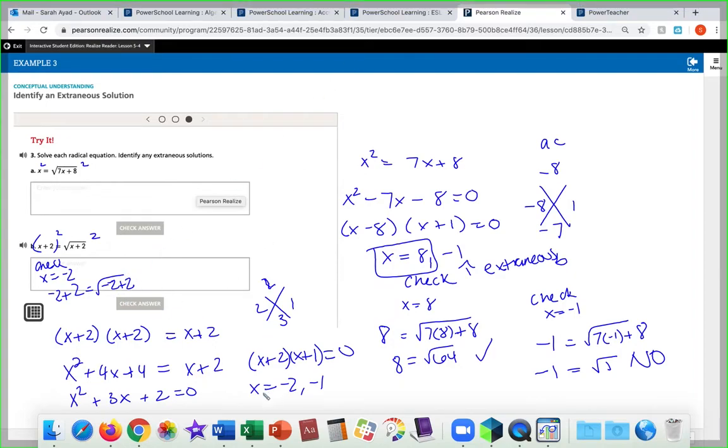Yes, it does. So this one works. Now I'm going to check the other one. Negative 1 plus 2, does that equal the square root of negative 1 plus 2? Well, again, I get 1. Square root of 1 equals 1. So therefore, it also works. So both of these are my solutions. They both work.